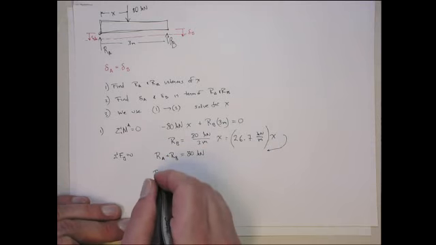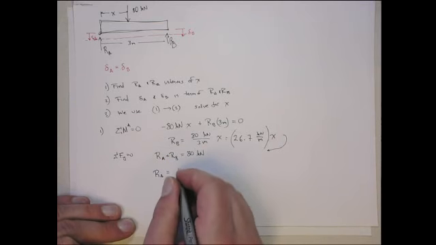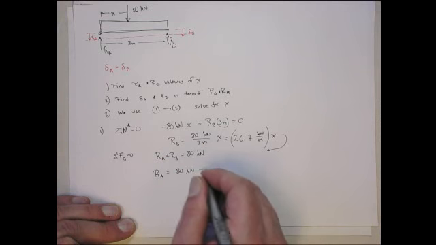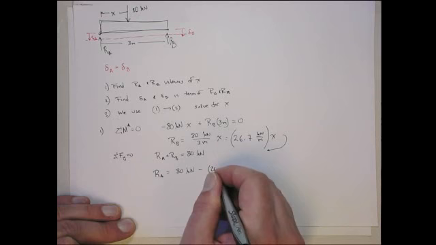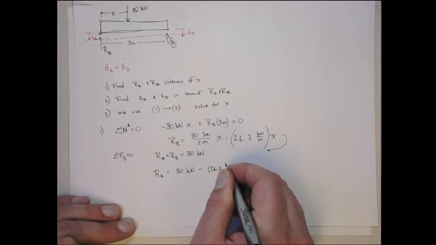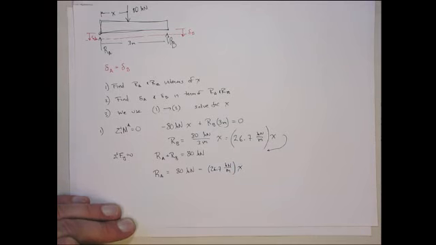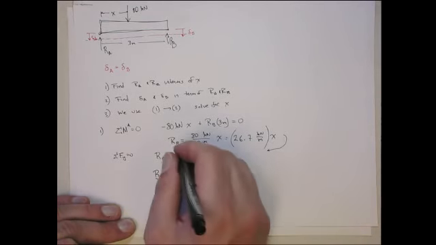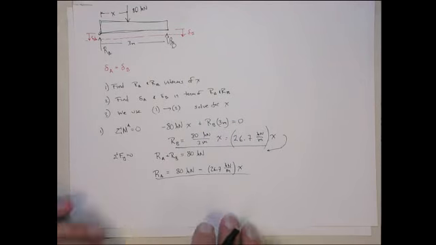That gives me that RA is equal to 80 kilonewtons minus RB, which we know from up here is 26.7 kilonewtons per meter times x. All right? So here's RA and here's RB. Okay, they're both in terms of x, so x is unknown.